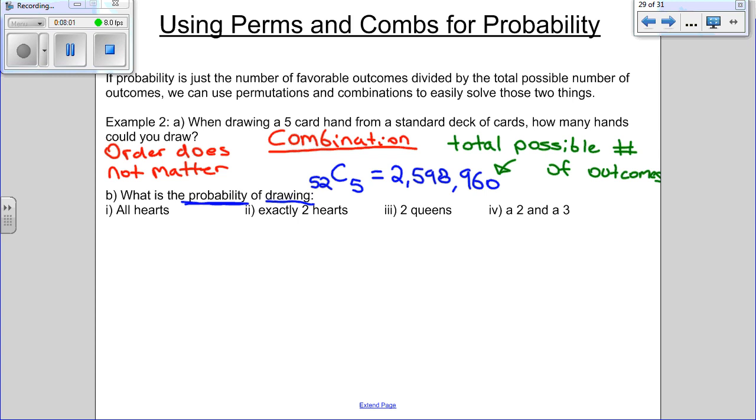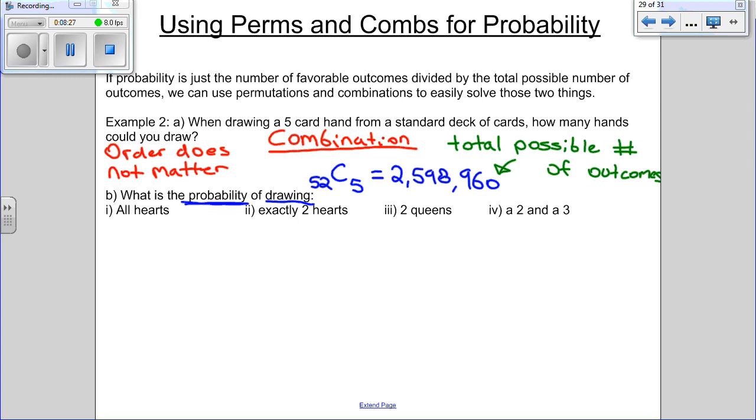Now, we're going to figure out the probability of all hearts. So you need to do what you want divided by what's possible. How many ways could we get what we want? If you want all hearts, how many hearts are there in the deck? There's 13 of them.